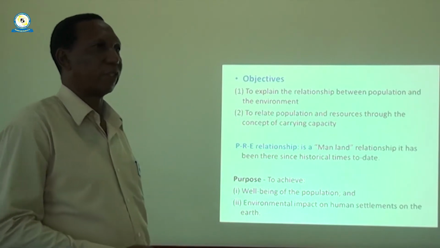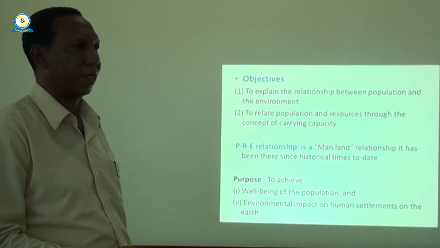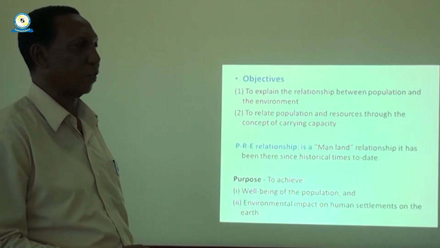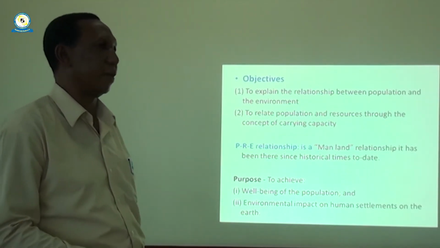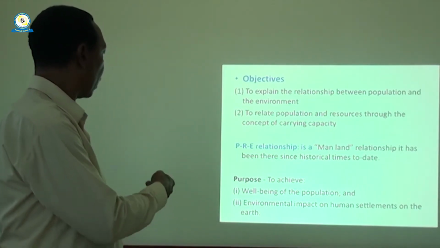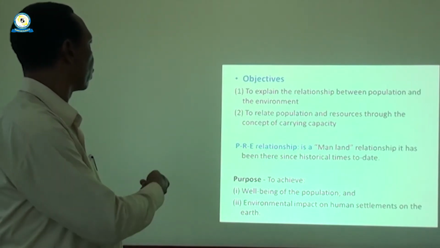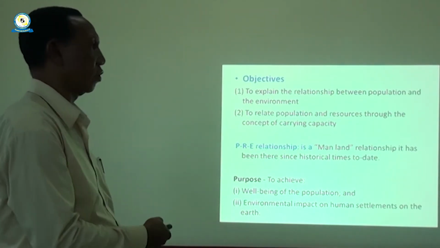That's why we say geography is the study of the home of man. Man, regardless of the sex, including female and male. So, these are the two purposes which are main drivers to study the relationship between population, resources, and environment.